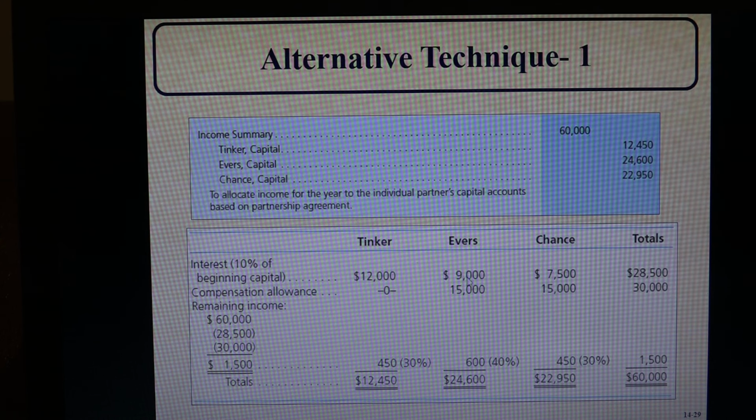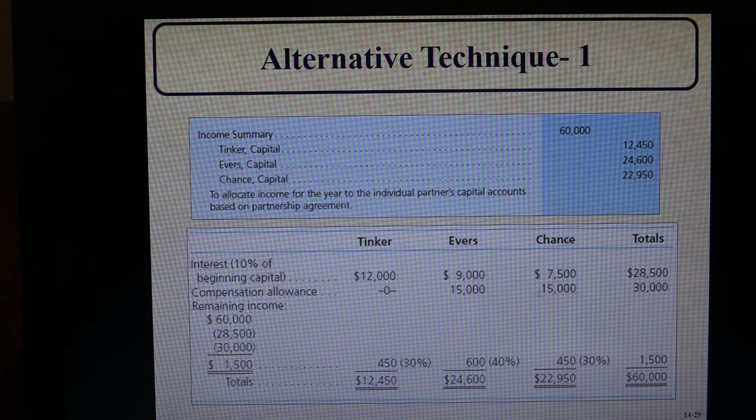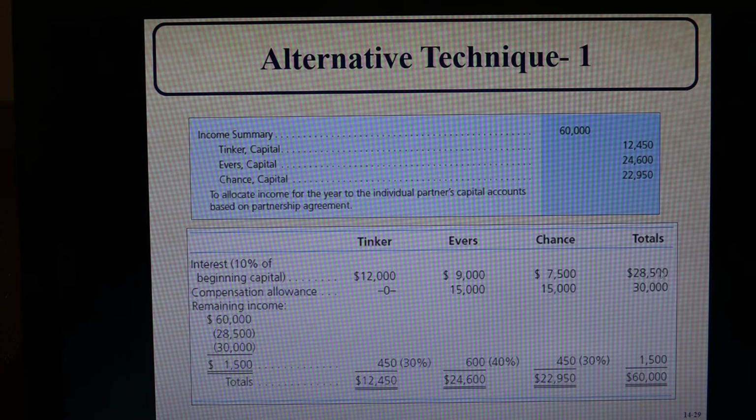Evers, 10% of 90, and Chance, 10% of 75. Of that $60,000 of income they earned, the total of these three equals $28,500. So that leaves $31,500 to allocate. Next, you have to allocate the compensation allowance, $15,000 each to Evers and Chance.